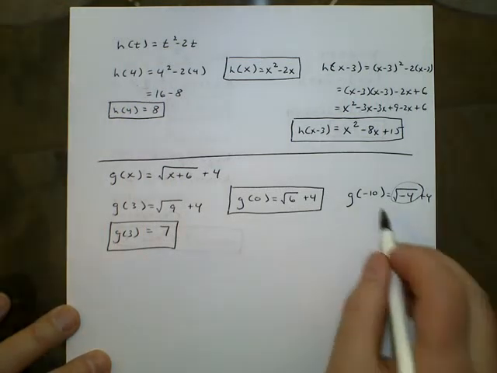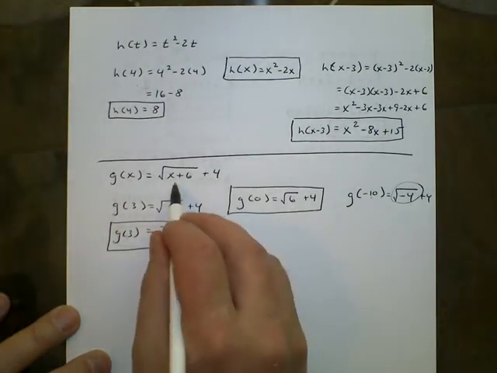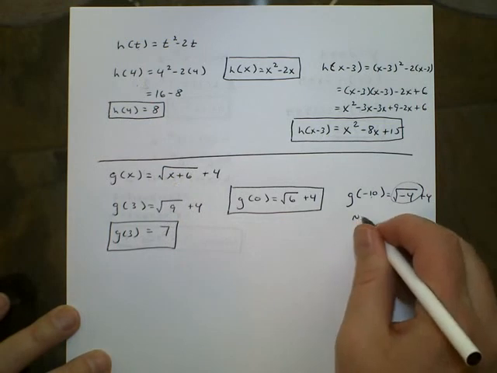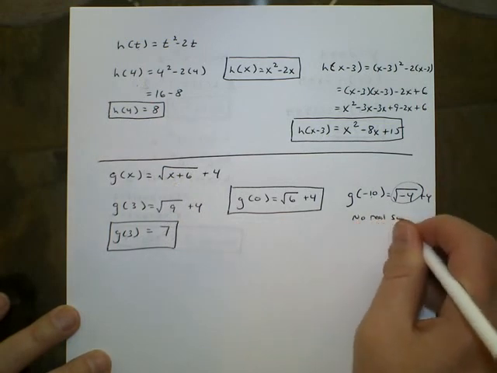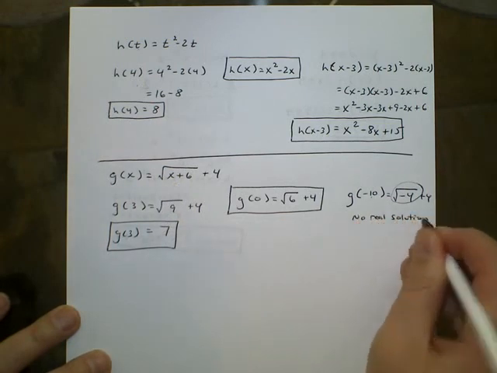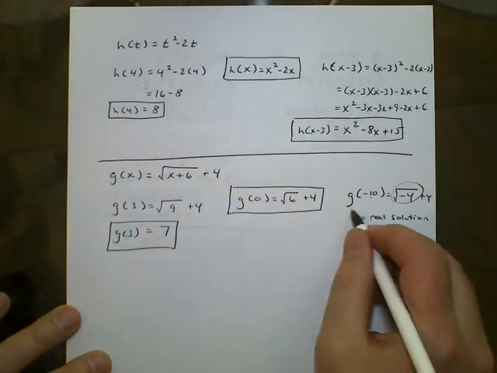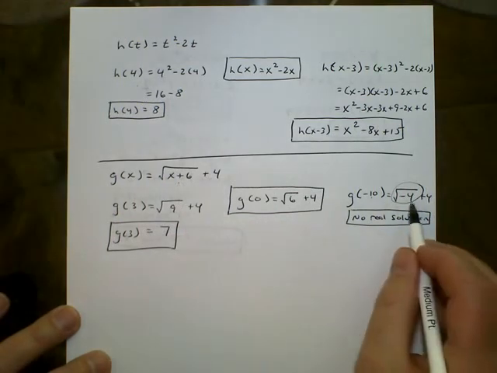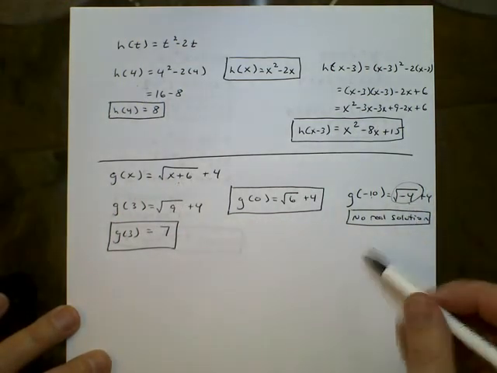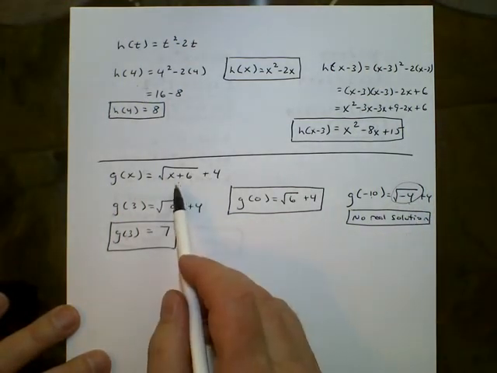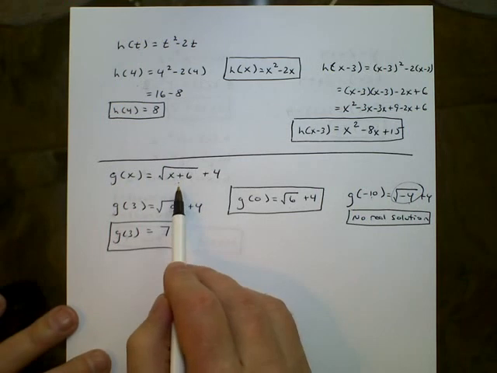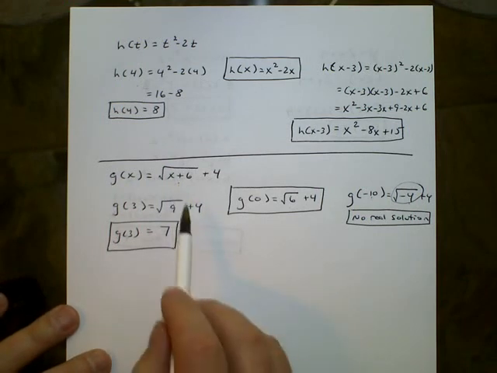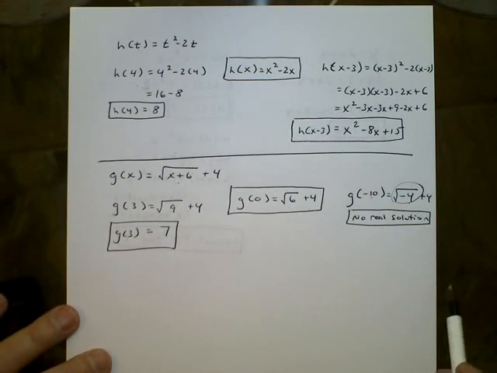We are simply going to say that negative 10 can't go into that, so we would say there is no real solution. And the reason, again, there's no real solution is because if we plug negative 10 in here, we get a negative number, which means it's not in the domain of the function. And we'll talk about that later. The domain are numbers that we are allowed to plug in, and the range are the numbers that we're going to get out. And that's for the lesson to come.